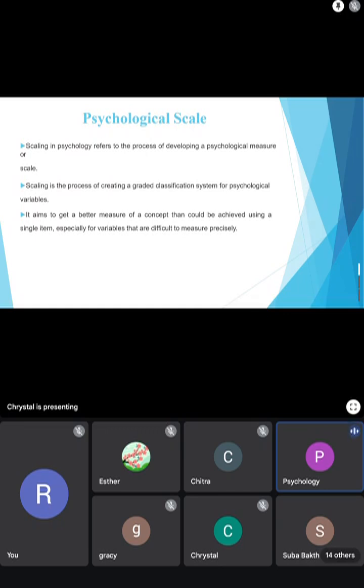Even intelligence: now we have IQ, which is numerical, but sometime back intelligence need not be finalized to a number. So a psychological test need not be numerical alone, but numbers help, and the quality can also be assessed to a large extent.